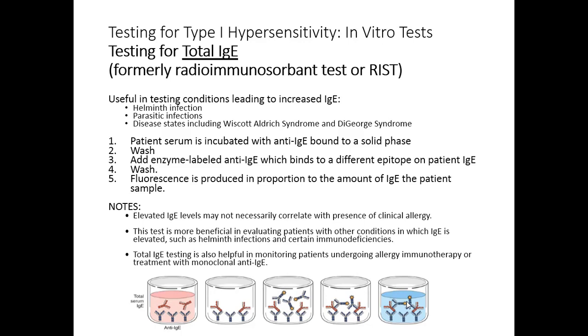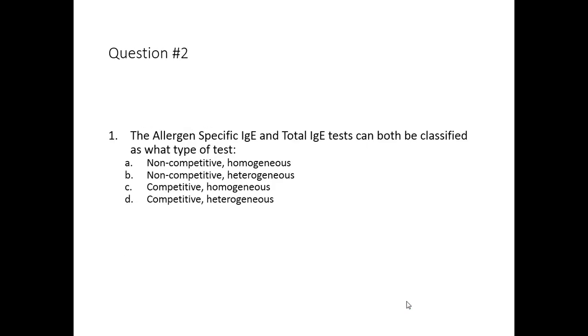I don't think everyone's going to have nightmares tomorrow when you think about having a tapeworm or something, that you're in a constant state of response with IgE. And in certain immunodeficiencies, as I said. So it's a helpful test, but it's got a specific purpose to it.